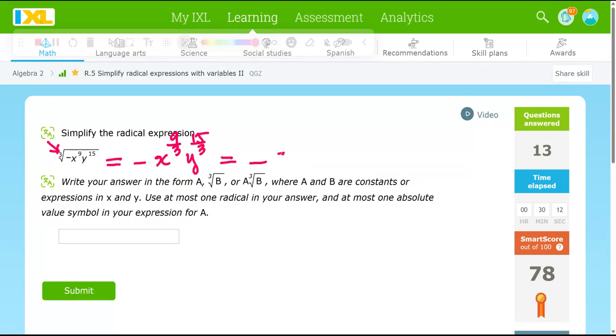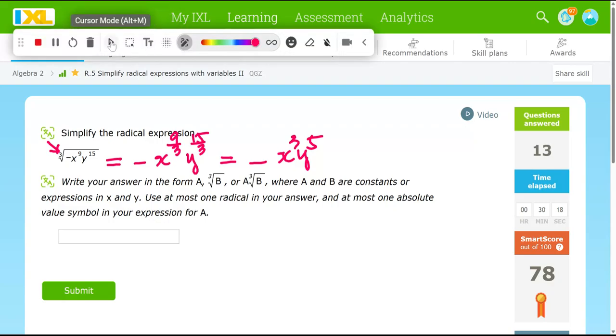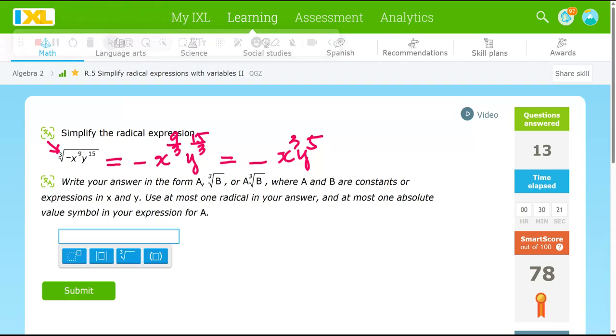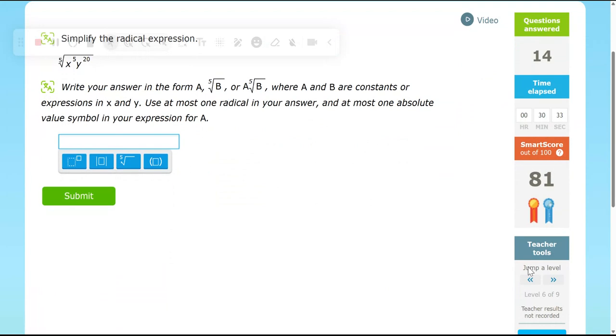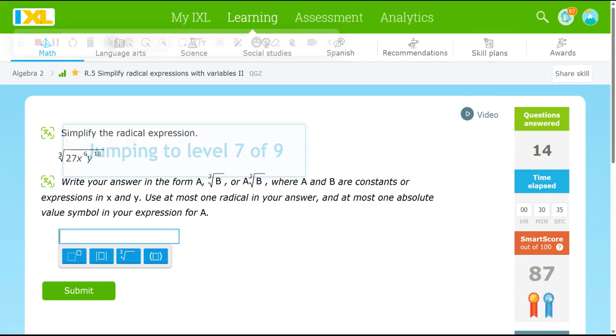So I got negative x to the 3rd and then y to the 5th. I'm done. Here we go. Negative x to the 3rd and then y to the 5th.